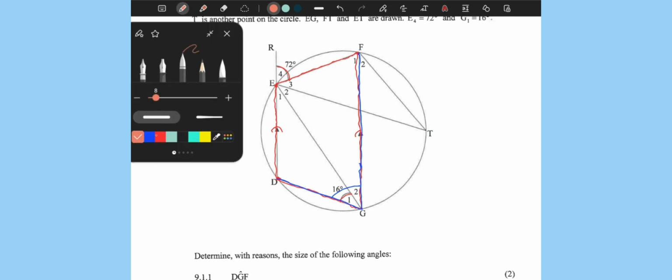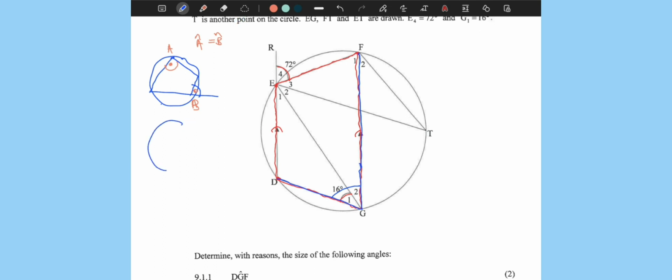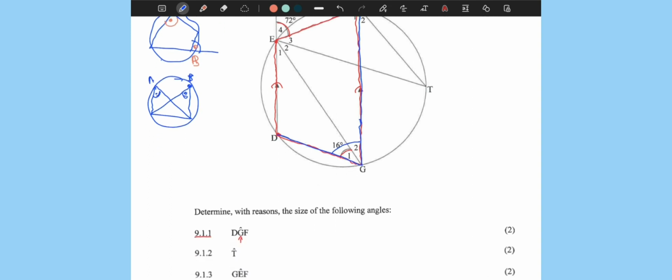Then number two, we have angles from the same segment. This angle and this angle look the same. If this is A, this is B, they look the same. Lastly, we have the supplementary condition.